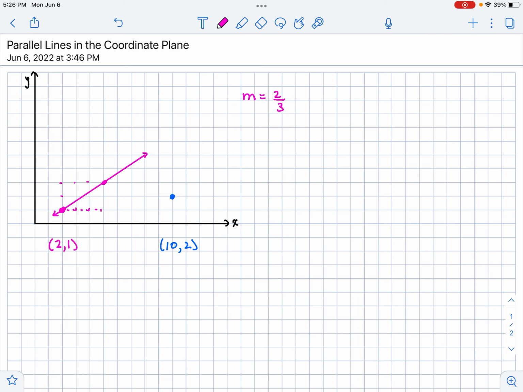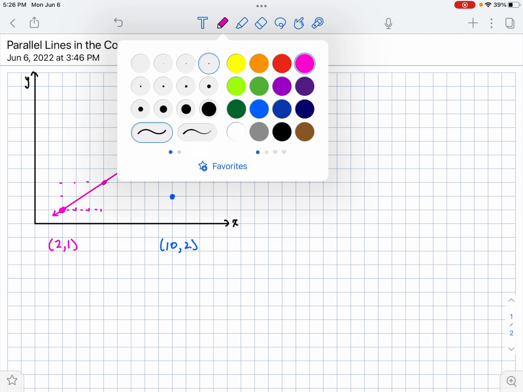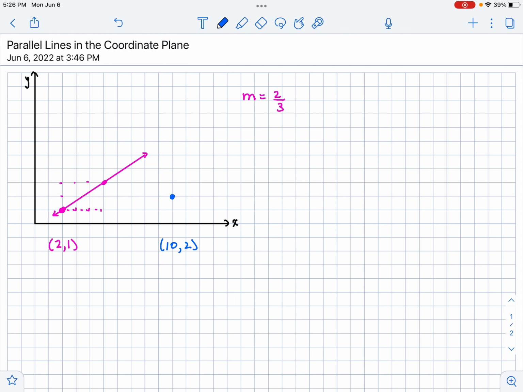Now let's look at this other one. Let's suppose, of course, it has the same slope. So we're going to go up 1, 2, and then over 1, 2, 3, and we get another point over here, and I will sketch that. So what we have is two lines here, and they both have the same slope.